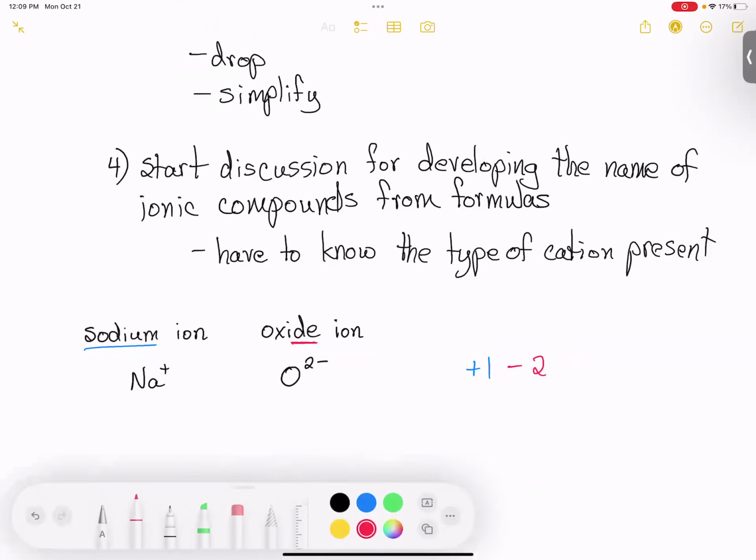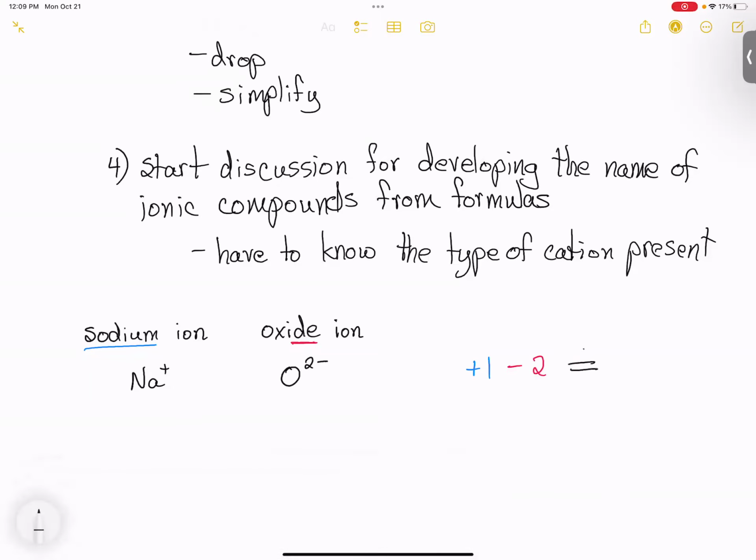Now, if I look at this, I currently have a +1, and I currently have a -2. And if you'll recall, the first thing I said is that they have to be charge neutral. So the question is, does that equal 0? No. Which one is in the lowest supply, the positive or the negative? Which one has the lowest numbers added together?